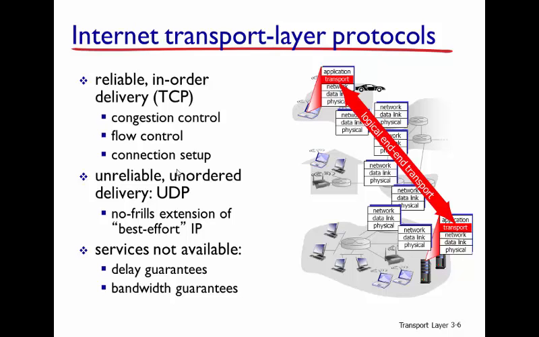Congestion control, flow control, and connection setup need to be done for TCP. For UDP, no. We do our best, but it's okay. If there's something wrong, then keep going.